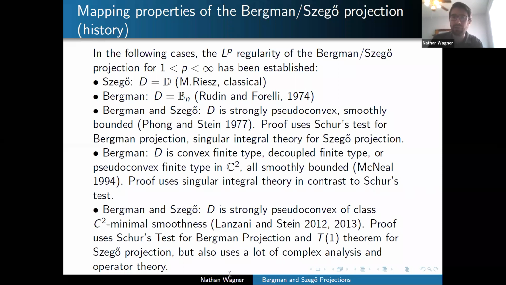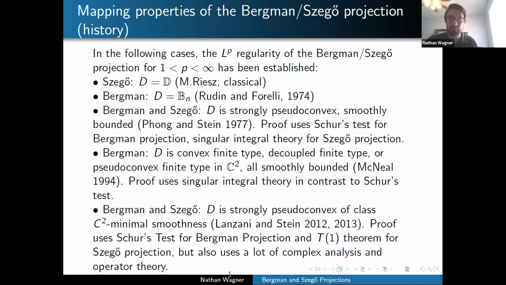And in particular, they use this theory of holomorphic integral representations in several complex variables. So it turns out that you can construct integral operators that reproduce and produce holomorphic functions in several complex variables.